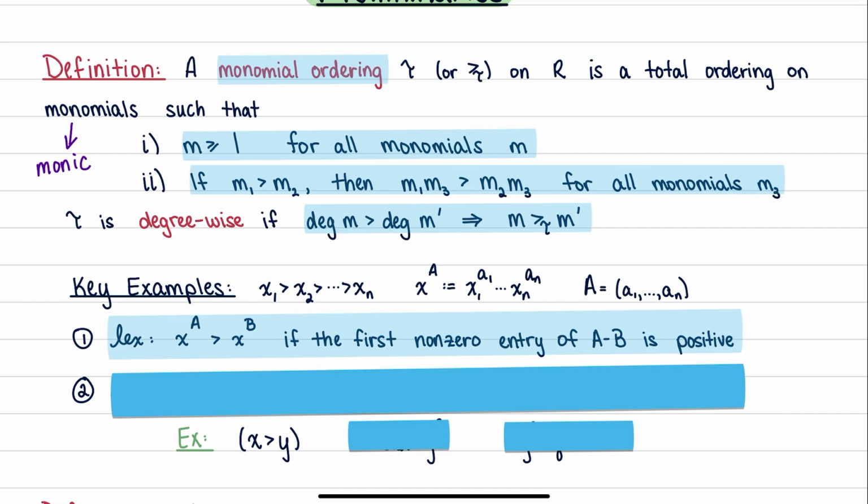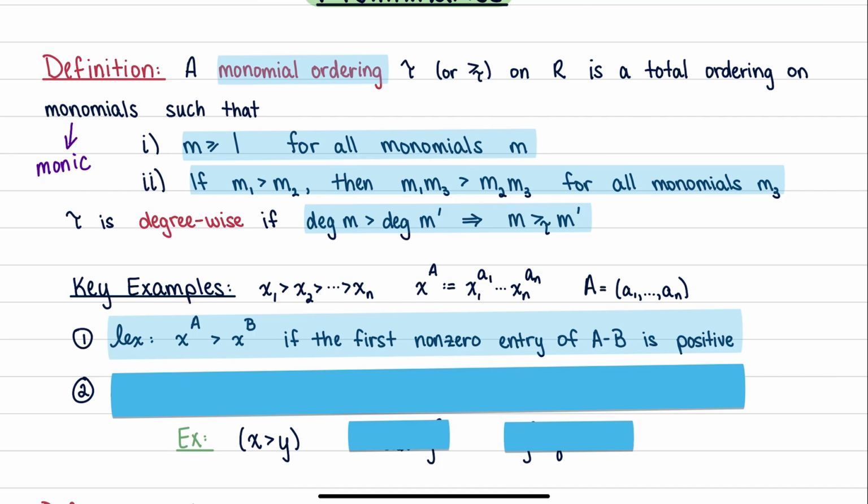And so we have this condition about the first non-zero entry of the difference of the tuples being positive. And what this means is you hand me two monomials and I find the largest variable under this variable ordering that appears anywhere in either monomial.